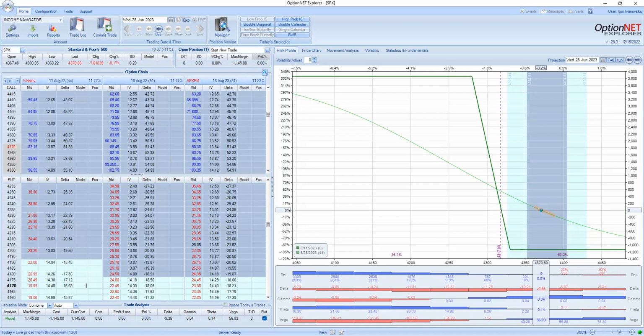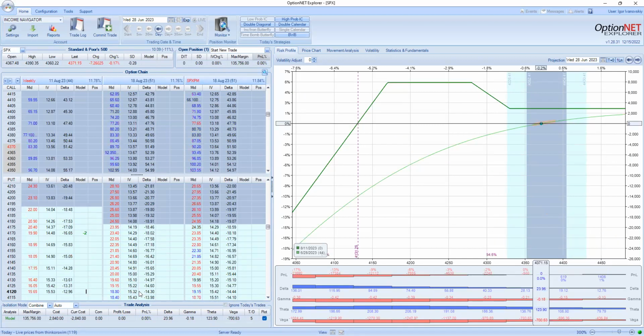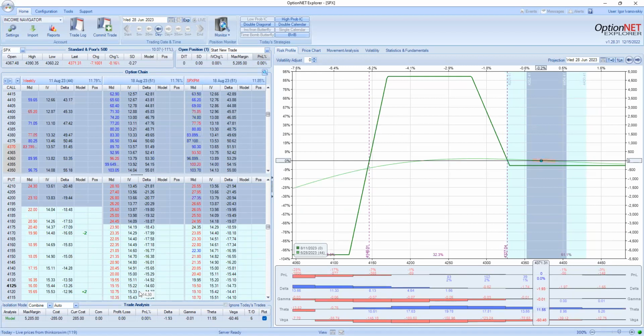And this is what this trade would look like. If I'm selling two of the 41.70, 41.20 put credit spreads, I will end up spending $2.85.